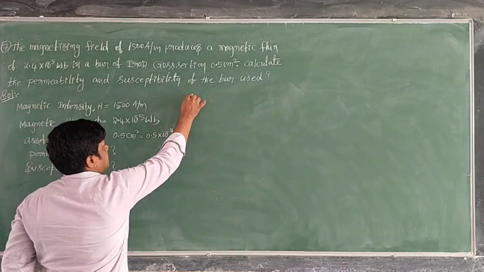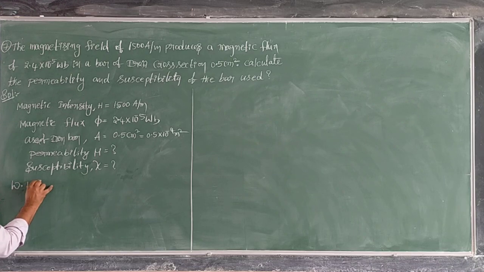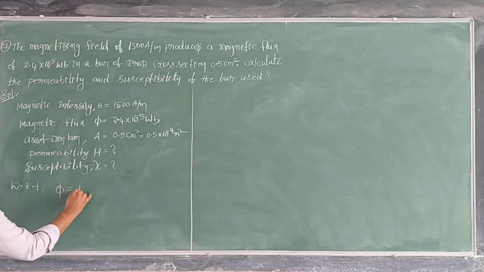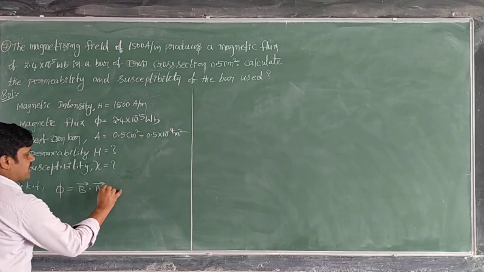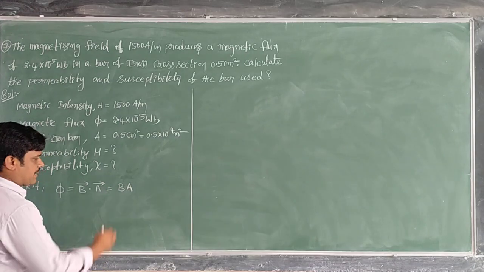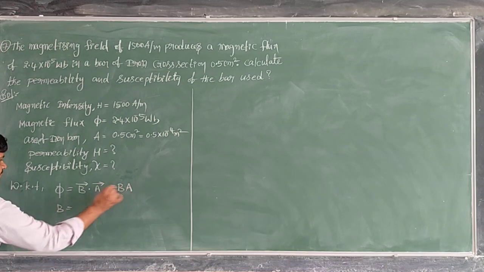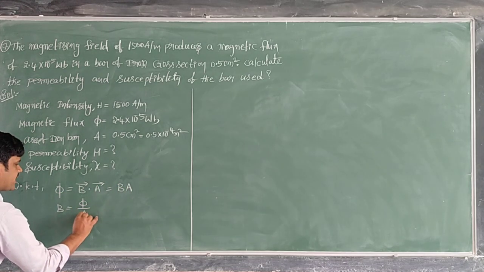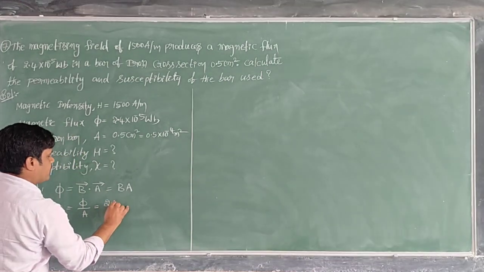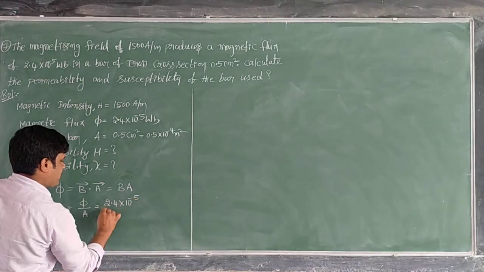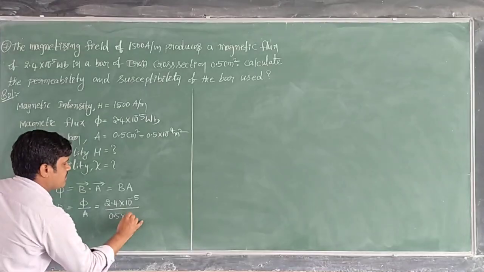To find the permeability and susceptibility, first we know magnetic flux is equal to the product of magnetic field into area, that is BA cos theta or BA. From this, magnetic field is flux divided by area: 2.4 into 10 power minus 5 divided by 0.5 into 10 power minus 4.